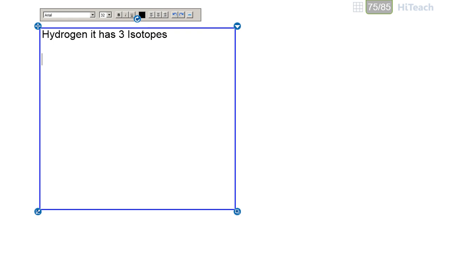Isotope number 1 has no neutrons. No neutrons.